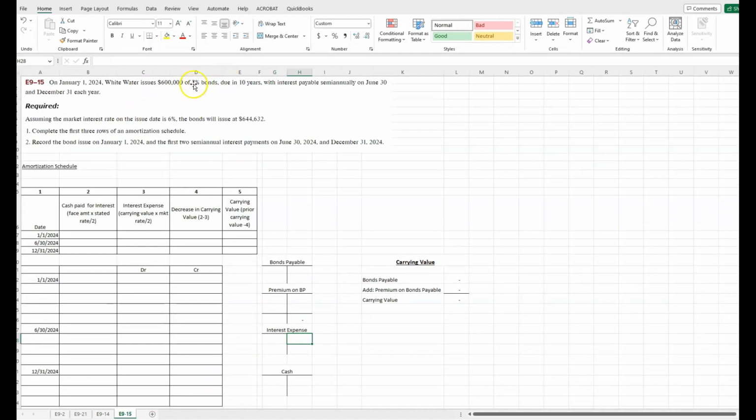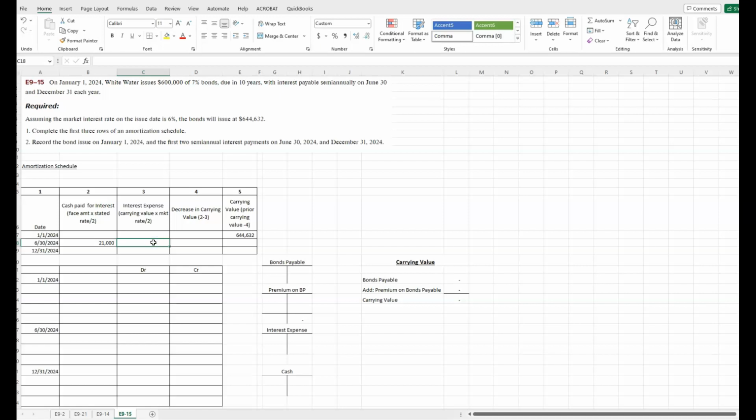So the same bond, same 7%, but now the market rate is 6% and the bonds issue at 644,632. So on 1/1, it's 644,632. Cash paid for interest is still 21,000 because it's still 600,000 times 7% divided by 2.